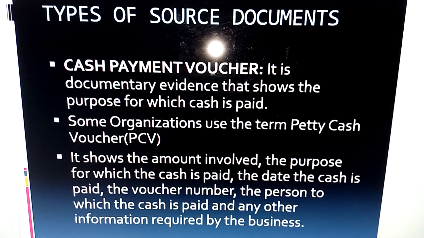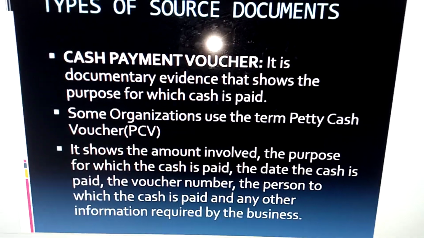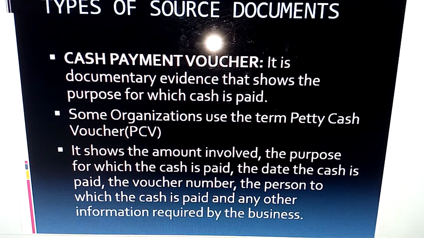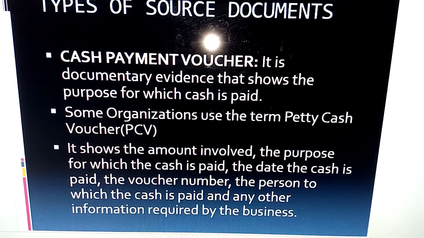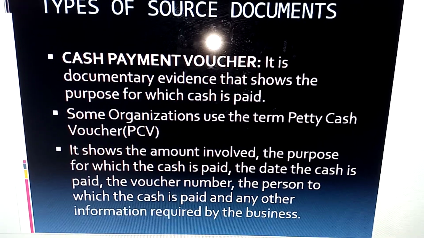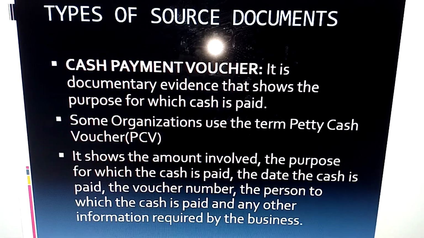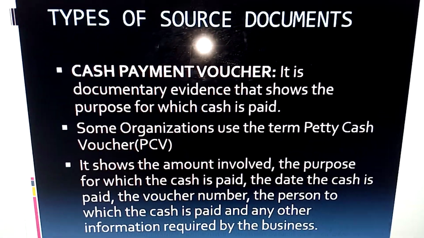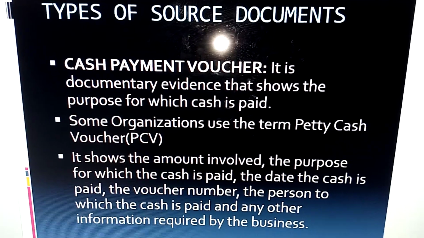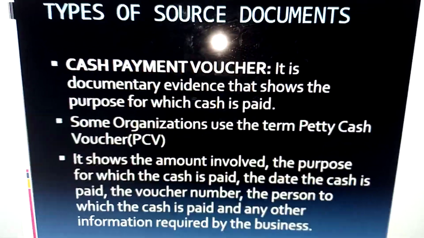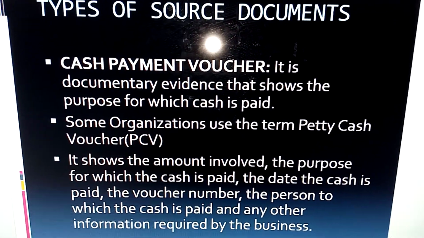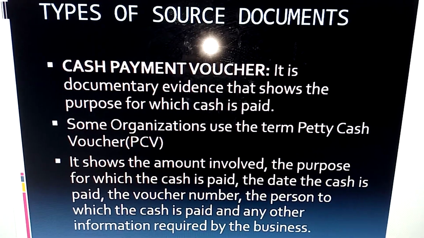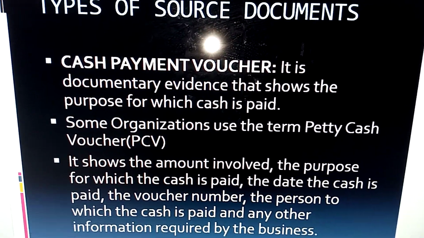The next type of source document here is what we call the cash payment voucher. We just talked about the check payment voucher, which gives you evidence that shows the purpose for which the check is raised. But where you now pay in cash, you also fill what they call the cash payment voucher. So the documentary evidence that shows the purpose for which cash is paid is called the cash payment voucher.